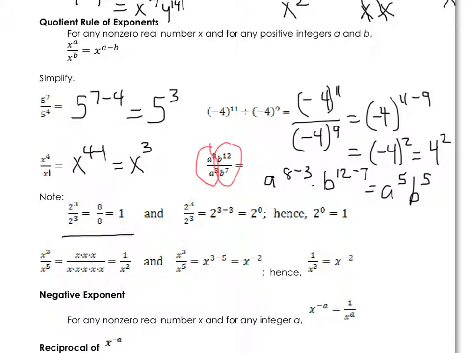We get 2 to the 3rd over 2 to the 3rd is 2 to the 3 minus 3. That's 2 to the 0. We already simplified this problem one way and got 1. We want consistency in mathematics, so if we solve it this other way, we also need to get 1. So we have to define 2 to the 0 as 1.